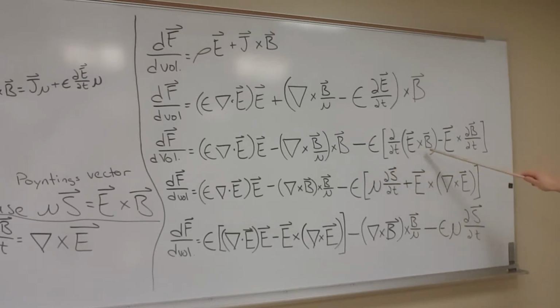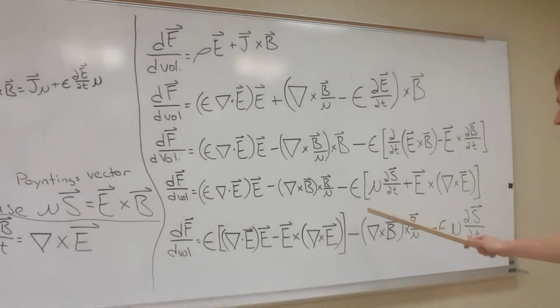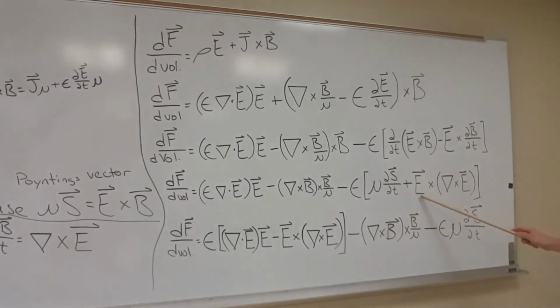We've replaced E cross B with the Poynting vector, and now we're adding, because we also took out our subtraction sign out here on the outside, our E field crossing with the curl of the E field.